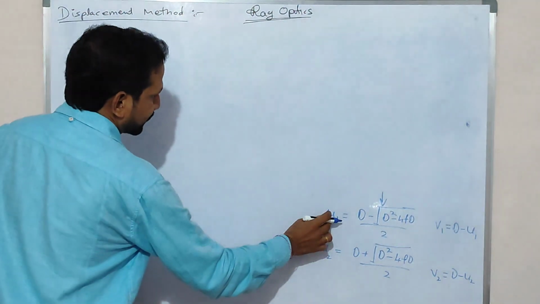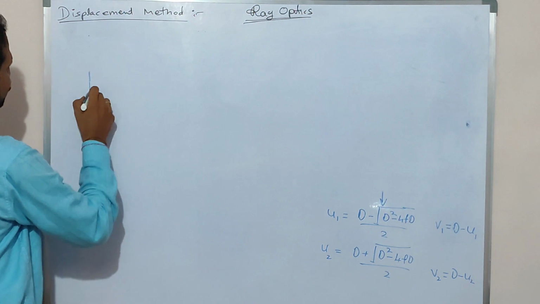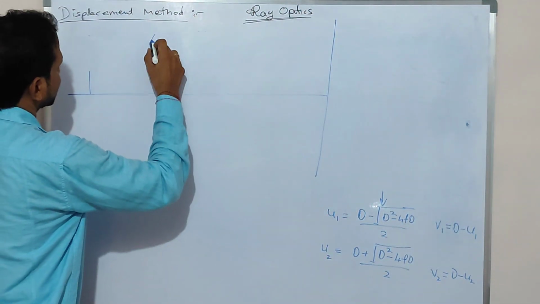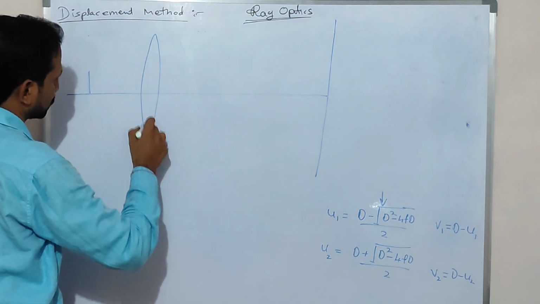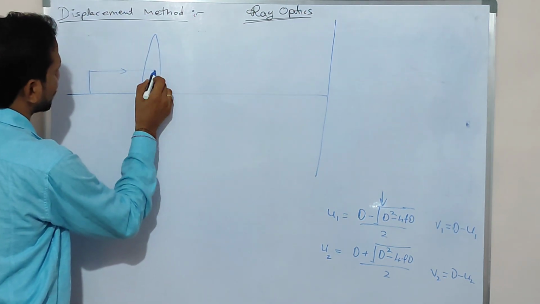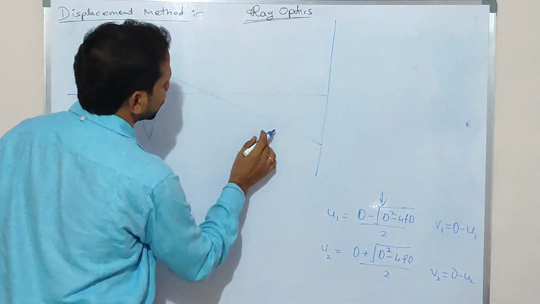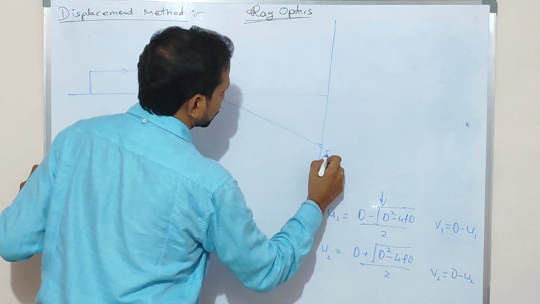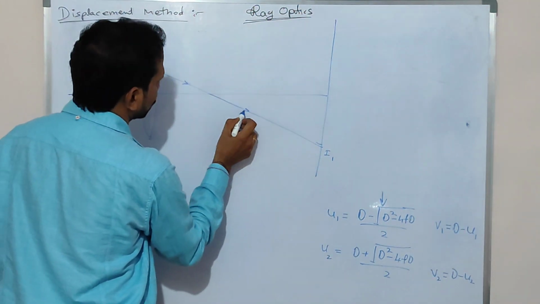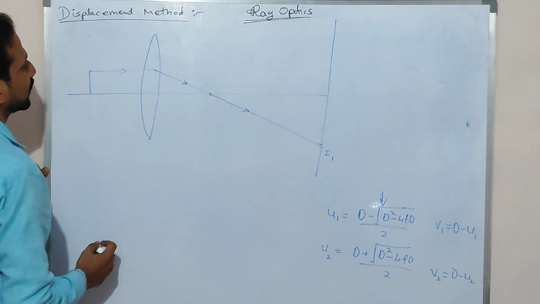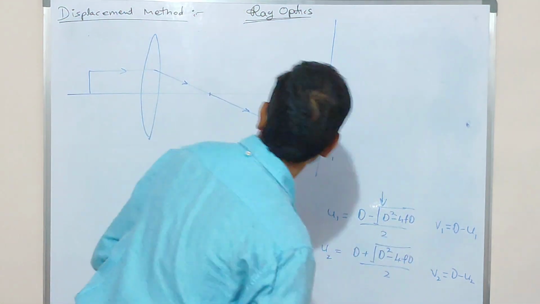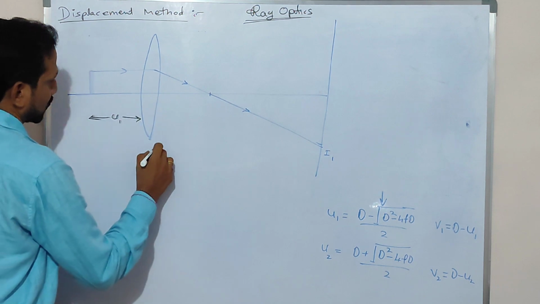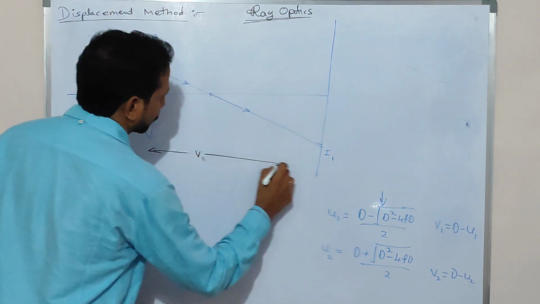If I draw the diagram for this case, if this is a lens position u1, then as I have already shown in the first case, it will form a real image. This is I1, this is the focus of course, and this is u1, and this distance is going to be v1.